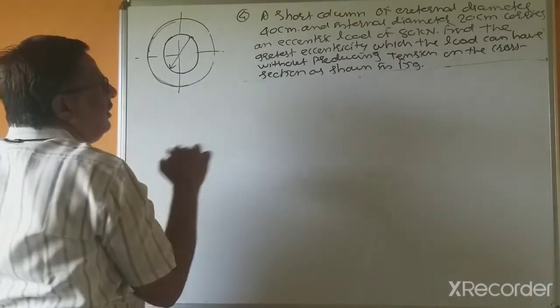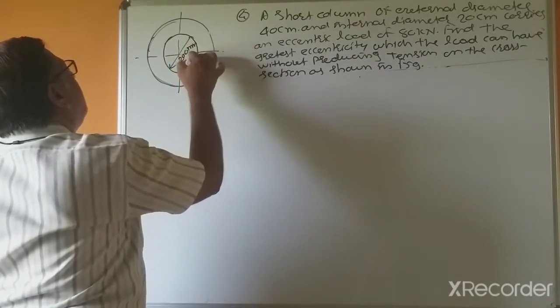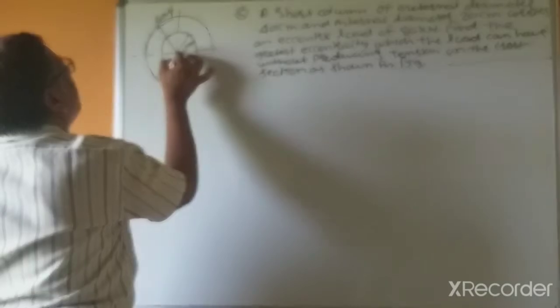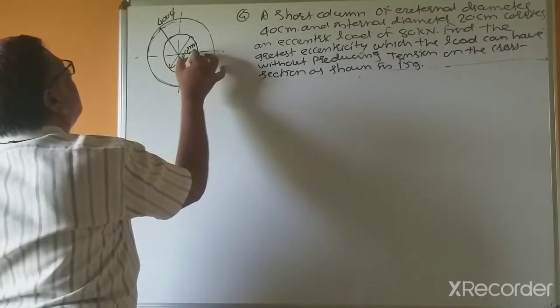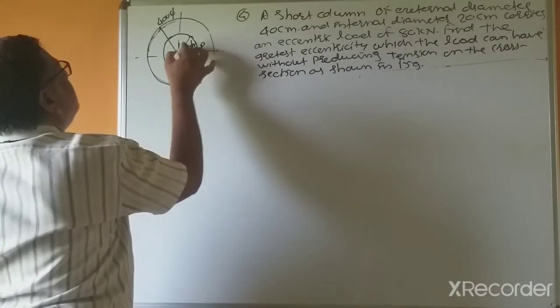The internal diameter is 20 centimeters, which means 200 mm, and this is 400. This is the load point and this is the eccentricity.